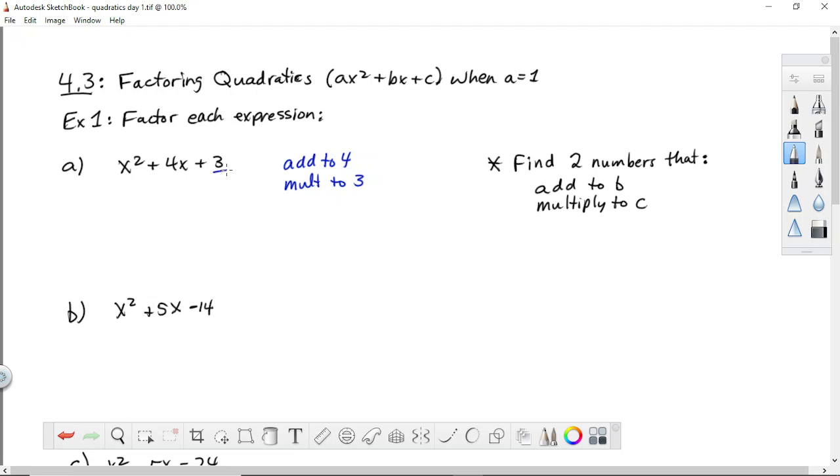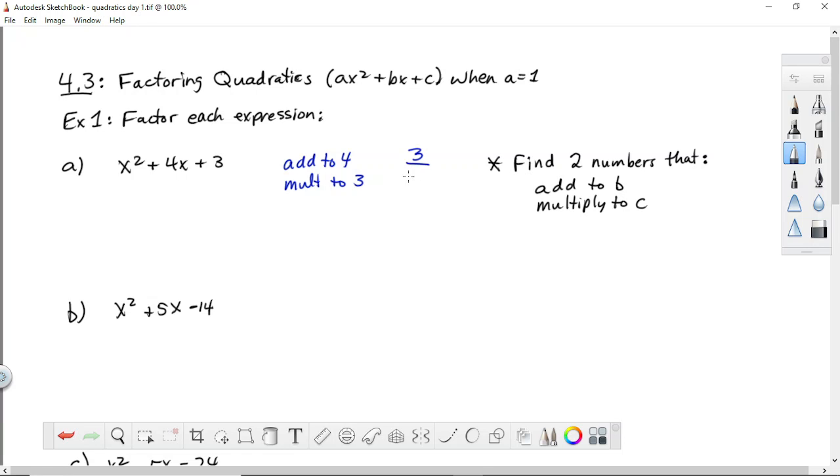Okay, because that is the c. That's the constant term. That's not multiplied by a variable at all. So the way we approach this is we just start writing down the pairs of factors of 3 until we find some that do add to 4.